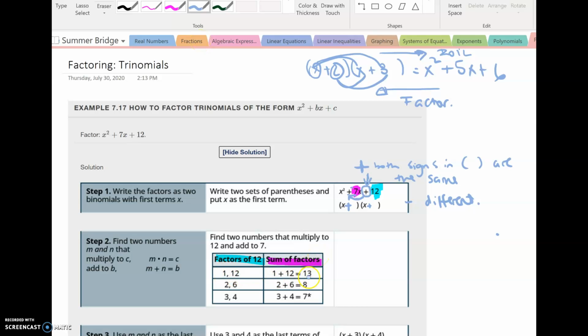If I add 1 and 12 together, that's going to give me 13. 13 is not 7, so that's not going to work. Other factors of 12 are 2 and 6. Well, 2 plus 6 is 8, which is not 7, so it's not going to work. And then 3 times 4 gives me 12, and 3 plus 4 gives me 7. So therefore, 3 and 4 are going to be the factors that work.